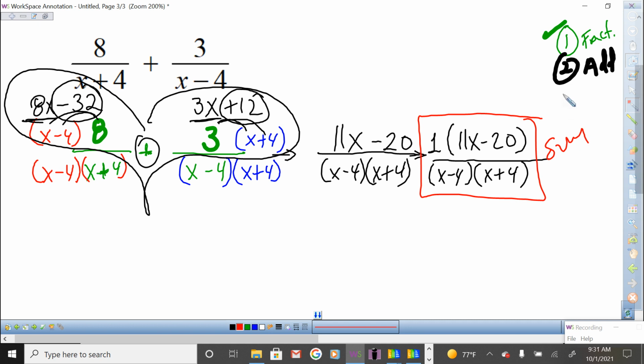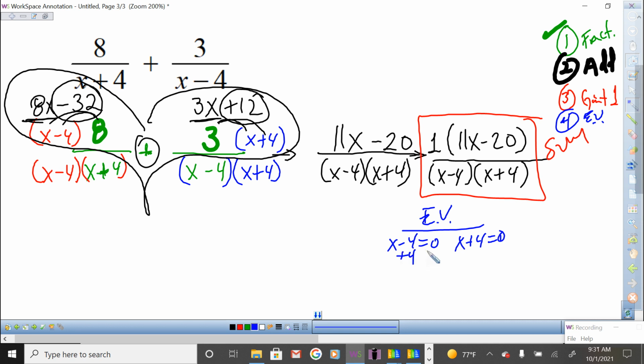All right, so step 3 was the giant 1, which we didn't have any, and at the end we do what? Excluded values. What do I write for the excluded value? Yeah, since we have two factors, you write x minus 4 equal to 0 and x plus 4 equal to 0. So the denominator equal to 0, and then you solve.